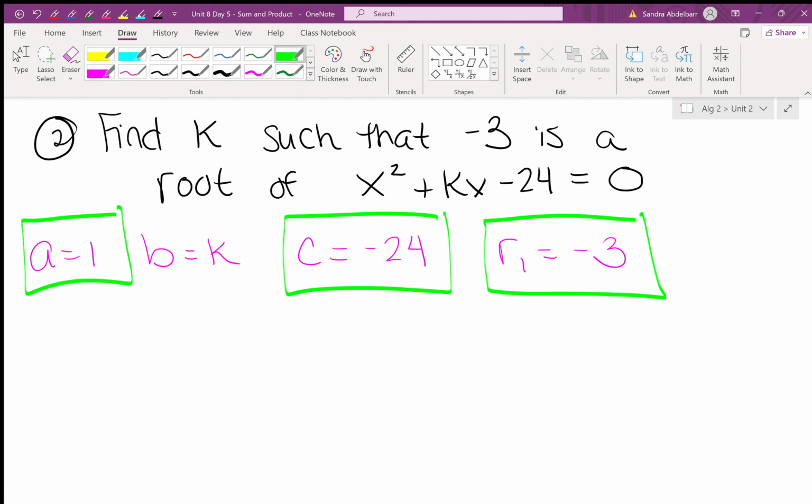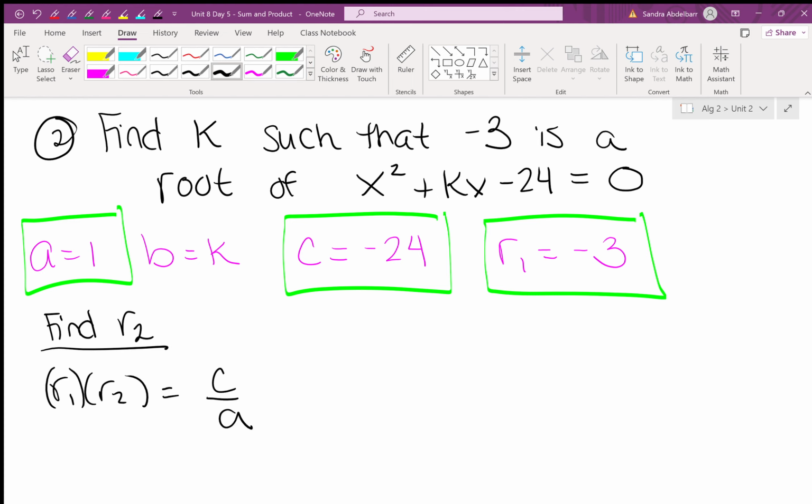All right, so I'm going to find root 2 first. How am I going to find root 2? Well, if I have A, C, and root 1, can I use the product of the roots? Because root 1 times root 2 equals C over A. So I'd really only have one unknown here, so I can solve for it.